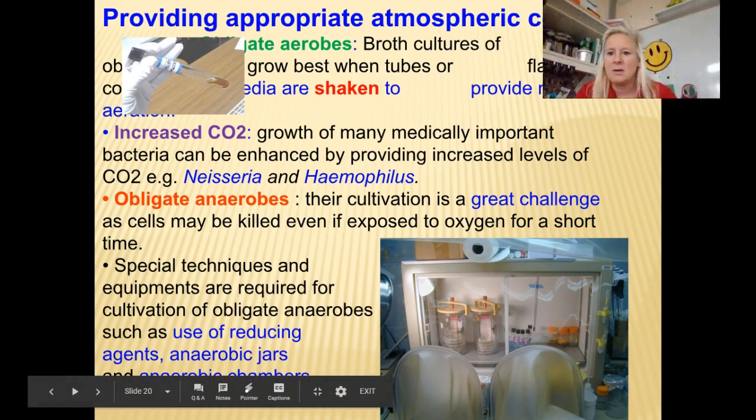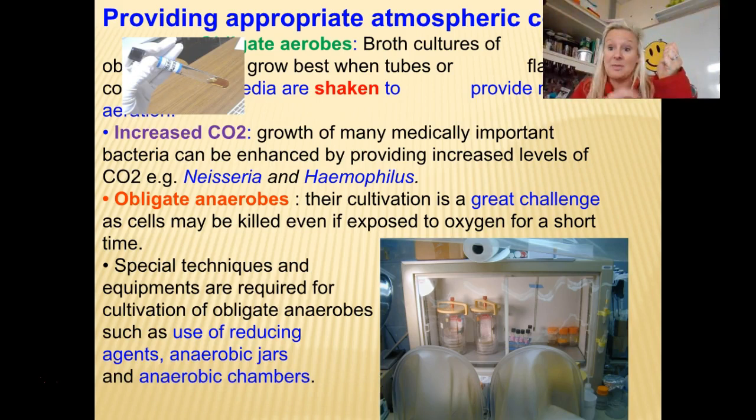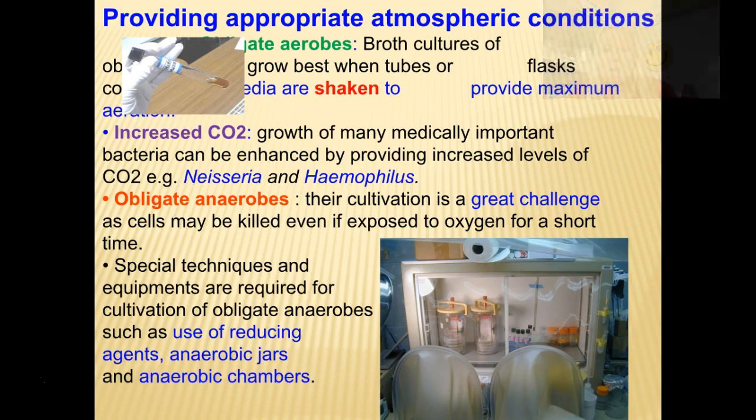If there's increased carbon dioxide, the growth of many medically important bacteria can be enhanced by providing that increased amount of CO2. Studying Neisseria and Haemophilus will do that.